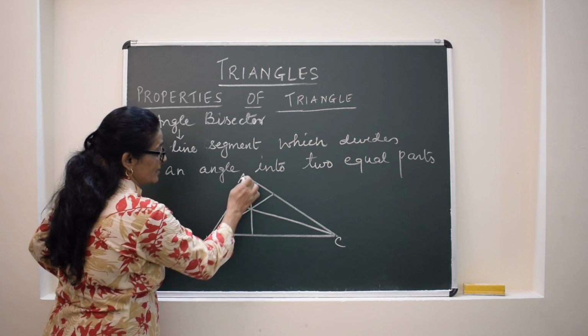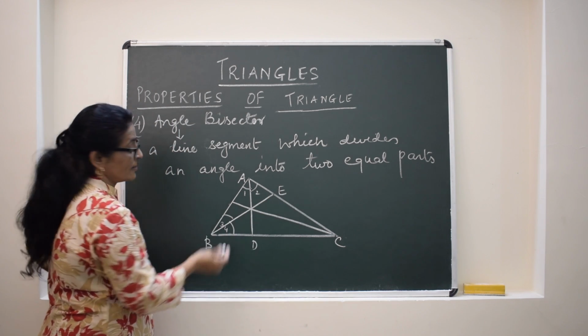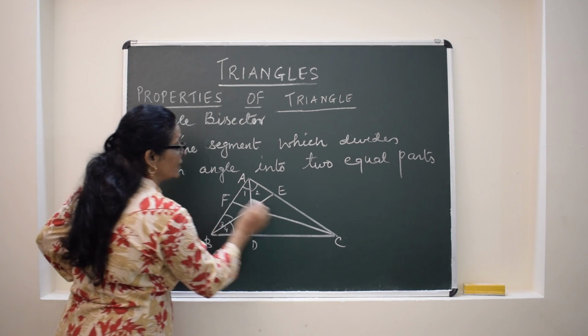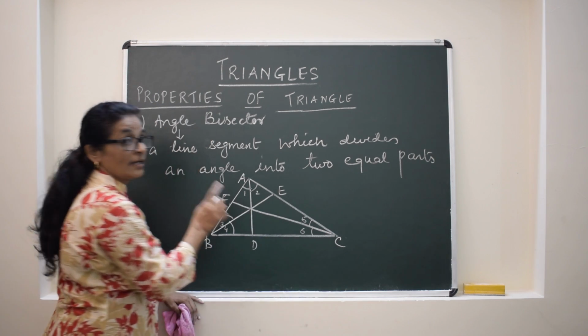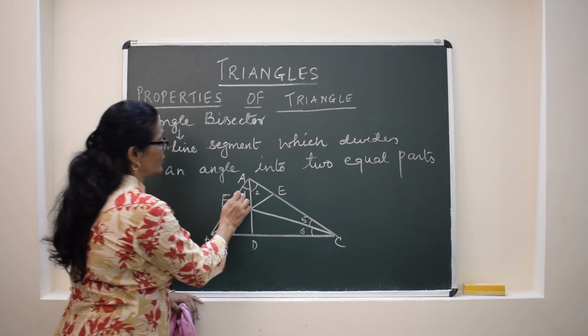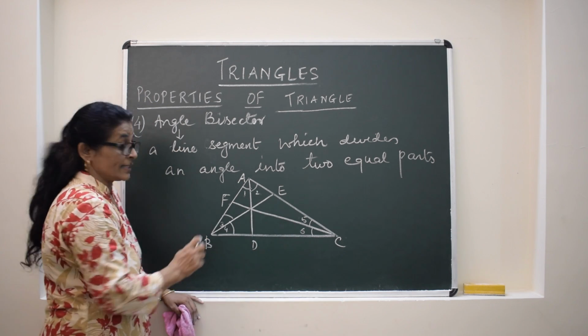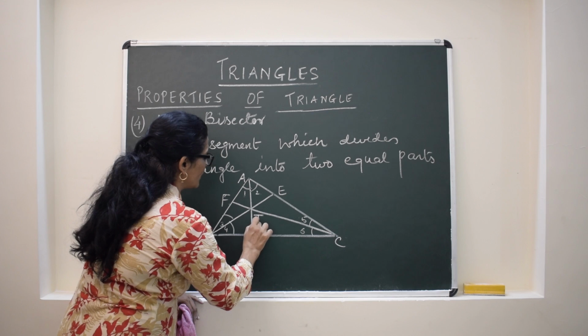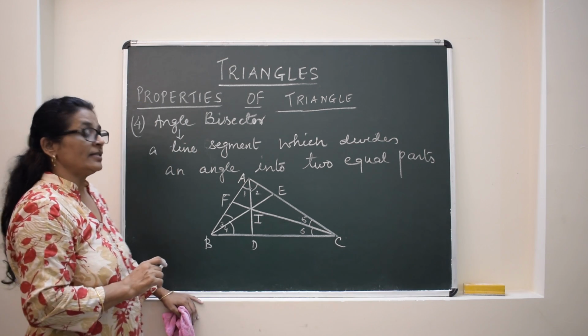So here AD is an angle bisector, BE is an angle bisector, and CF is the third angle bisector. So these angle bisectors are meeting at a point. Here angle 1 is equal to 2, angle 3 is equal to 4, and 5 is equal to 6. They will meet at a point which is called incenter. So how will we define incenter?